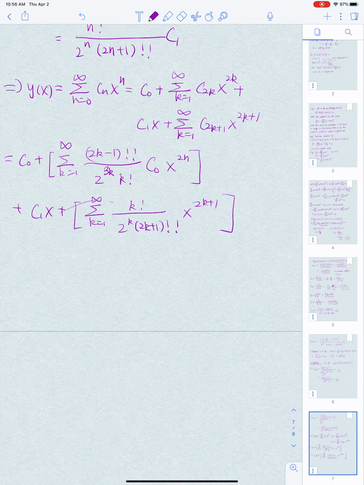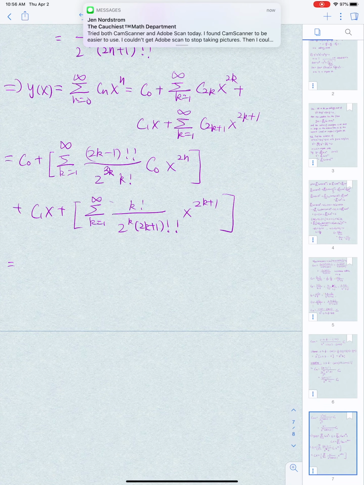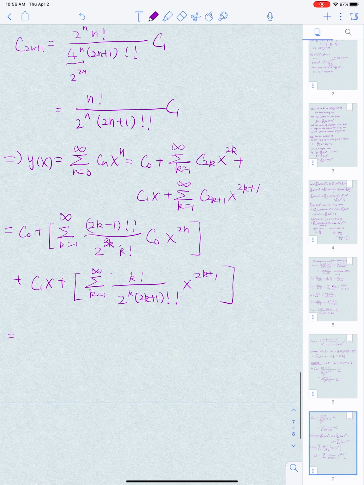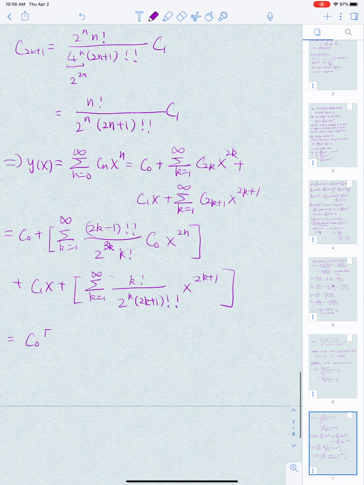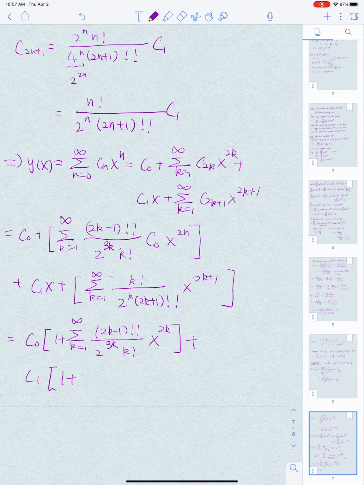And in fact, if we combine the first two terms, factor out the C naught, and do the same thing, factor out the C1, then there will be an x term here.